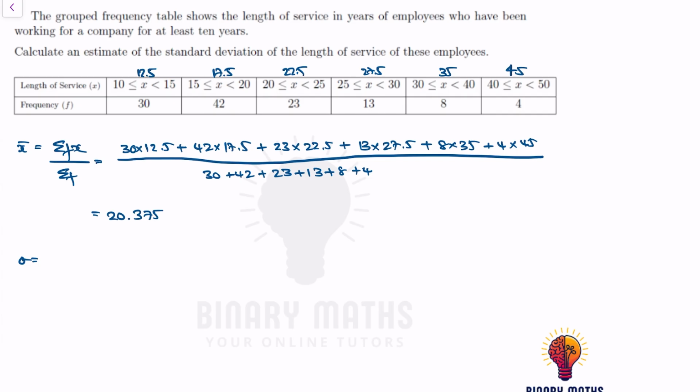So the standard deviation is equal to the square root of sum of f x squared over sum of f minus x bar squared.